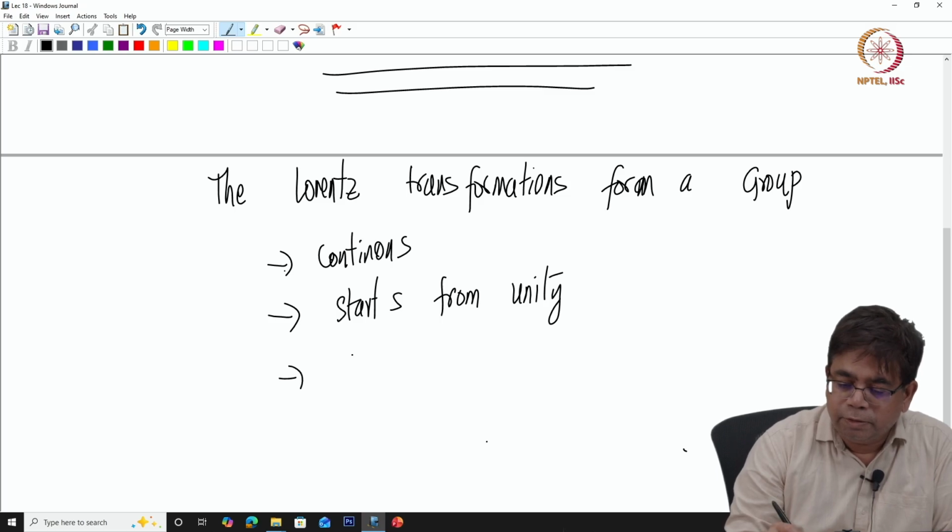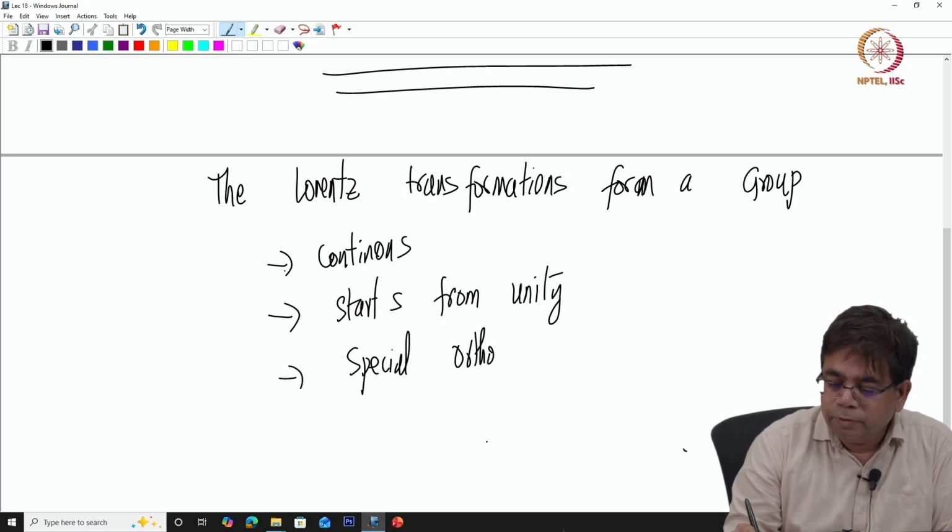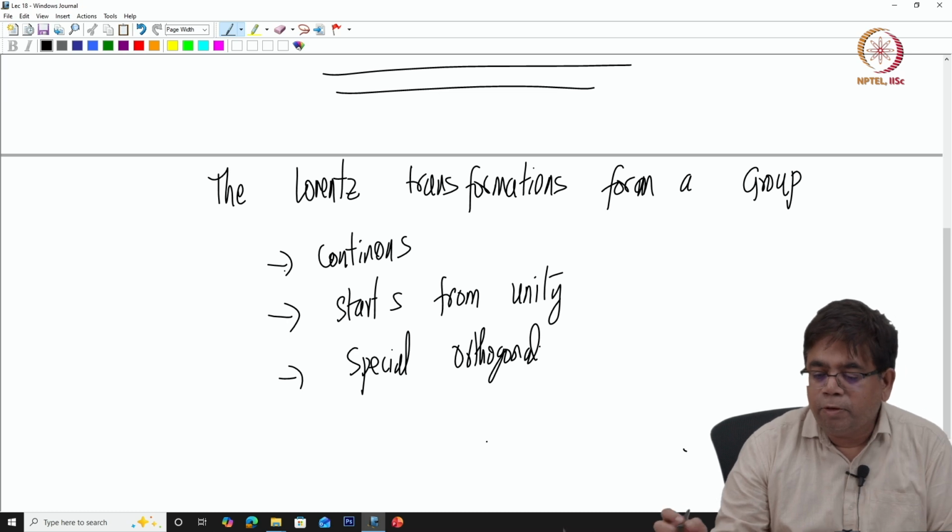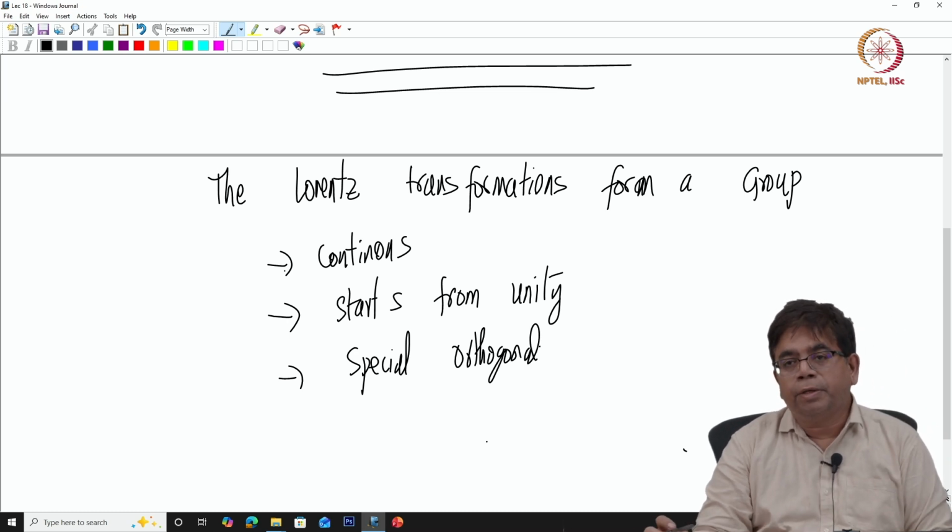It is special orthogonal. So, the group of all Lorentz transformations is orthogonal essentially.